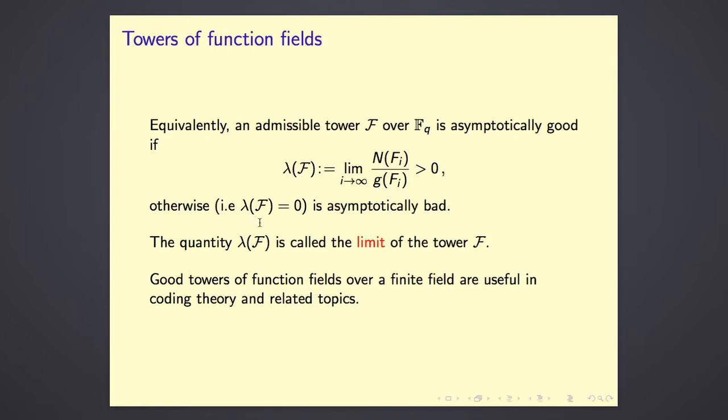Otherwise, this means that the limit is 0, and the tower is bad. Good towers of function fields over finite fields are useful in, for instance, coding theory and some related topics. That is one of the reasons people study good towers of function fields over finite fields.